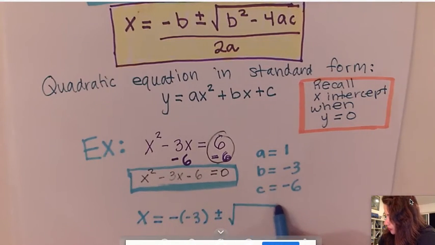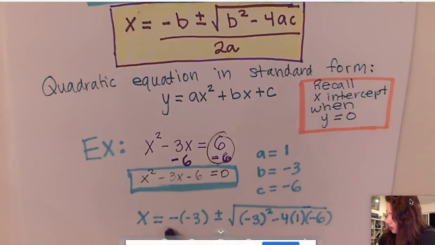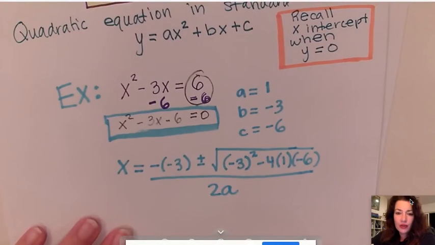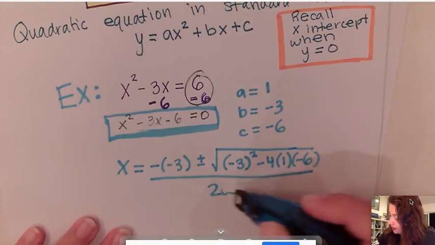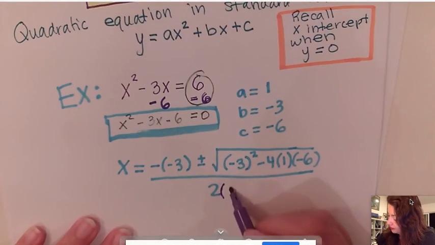The square root, and now b squared, make sure you substitute it in parentheses, minus the 4 times 1 times negative 6, which is the c, all over 2a. And I forgot to plug in a. What is a? It is actually 1. So it's all over 2 times 1.